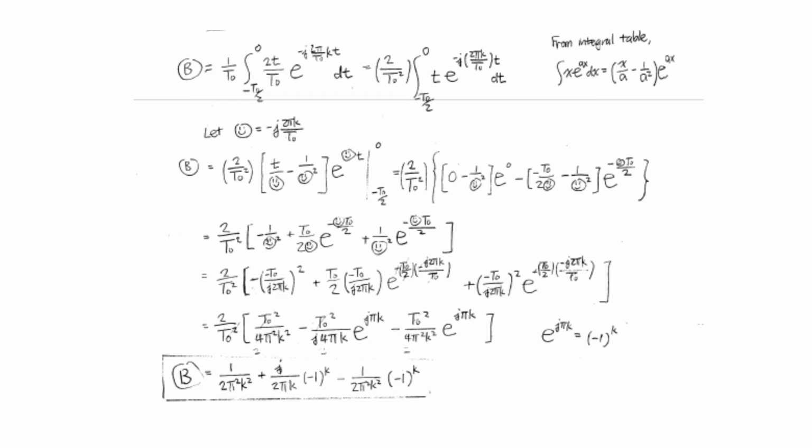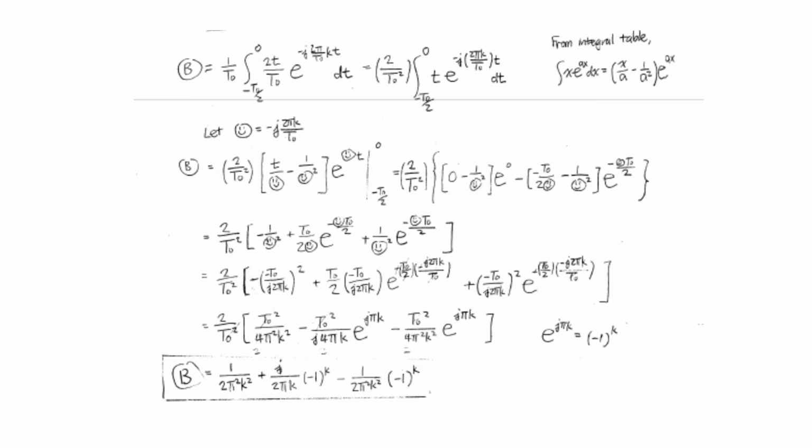So instead of a, let's just call that smiley face. So in this case, by comparison, I'm going to lump all this in and call that smiley face, and just use this formula here. So I have the same coefficient here, and I'm going to apply this formula, but instead of a, I'm going to write smiley face. So I'm going to get this expression here, evaluated from minus T naught over 2 to 0.